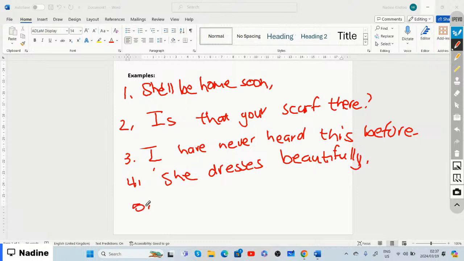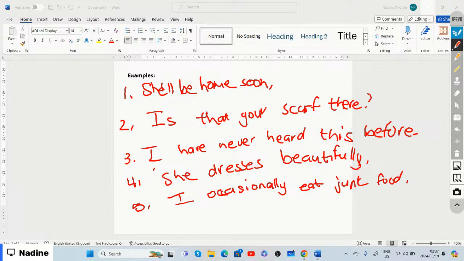And let's look at one more, and then we're going to identify our adverbs. All right, so now we have our 5 examples of sentences with the different types of adverbs, right?